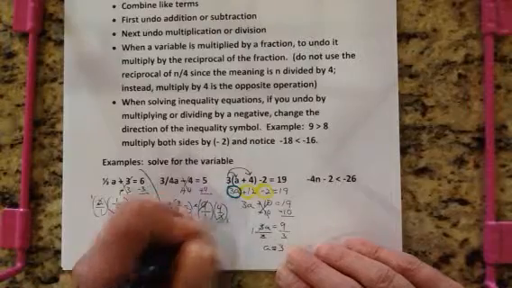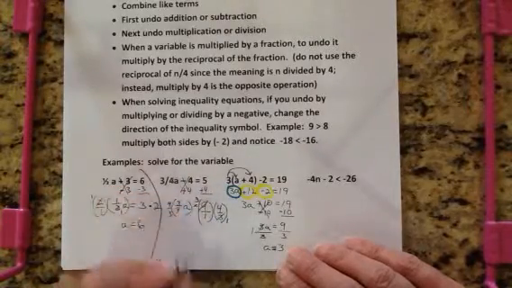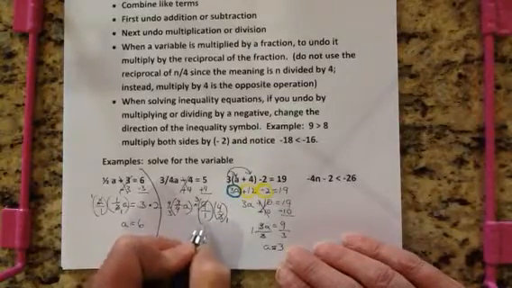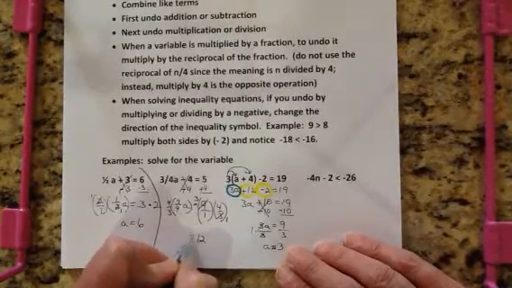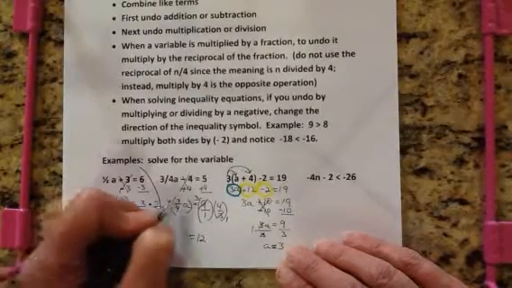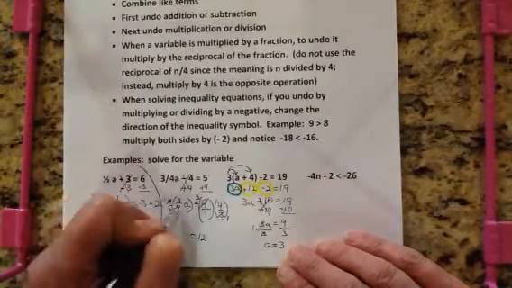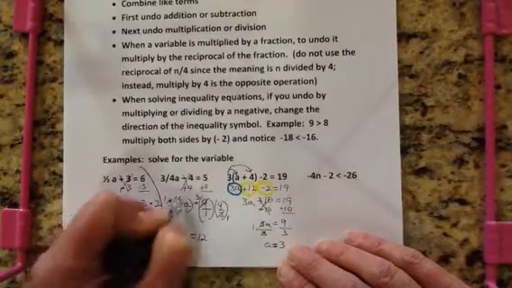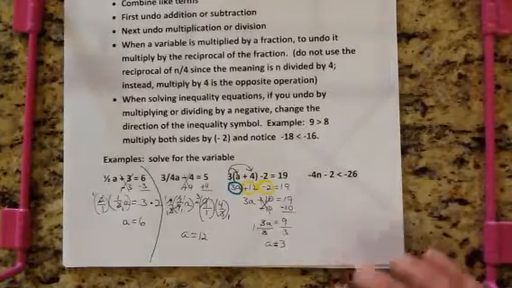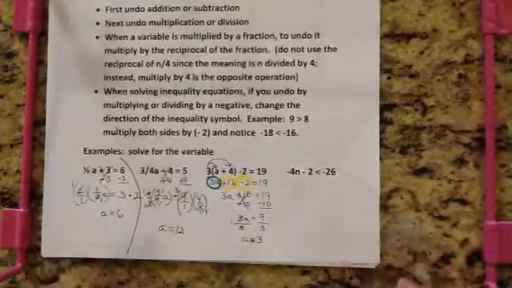This becomes 1. This becomes 3. 3 times 4 is 12 over 1, which is simply 12. Okay, and here I've got 4 over 3 times 3 over 4. These are canceling to 1, cross canceling to 1. A is alone. Okay, now let's look at our last example.